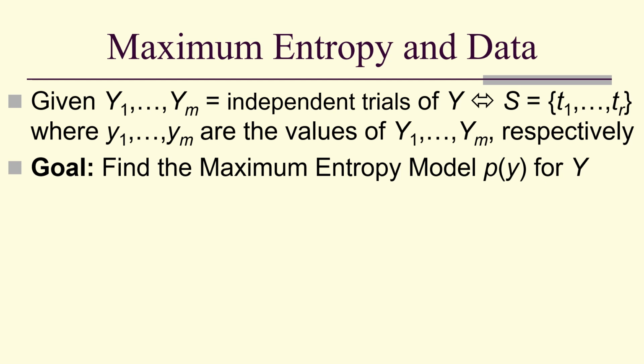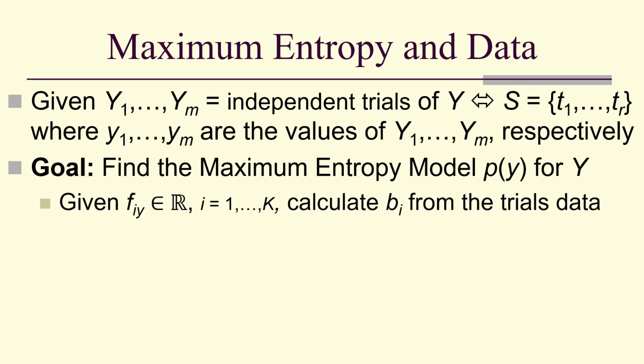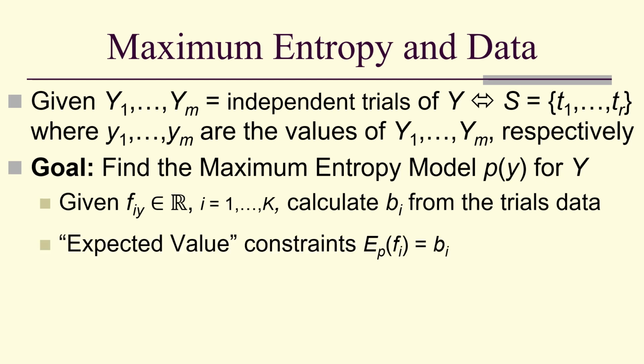We want to find the maximum entropy model P of y with respect to the data. So given some f sub i of y in R, where i is 1 to capital K, we calculate b sub i from the trials data, and what we get are called expected value constraints.